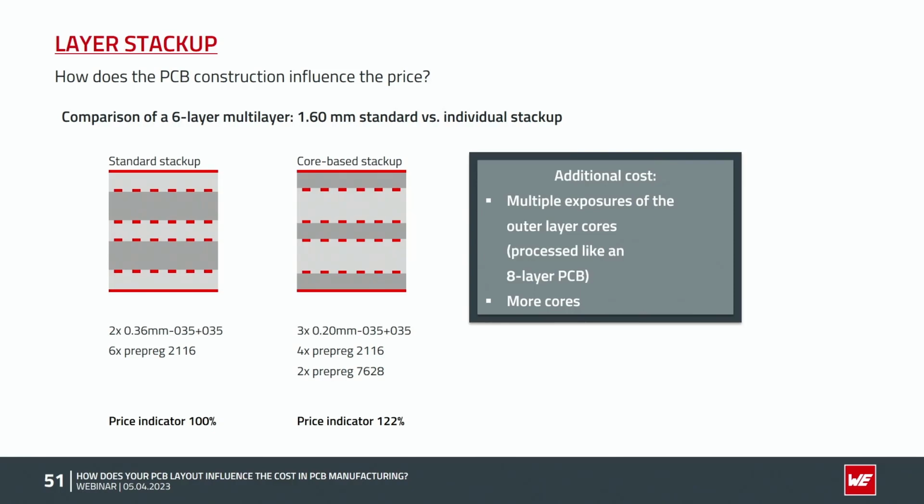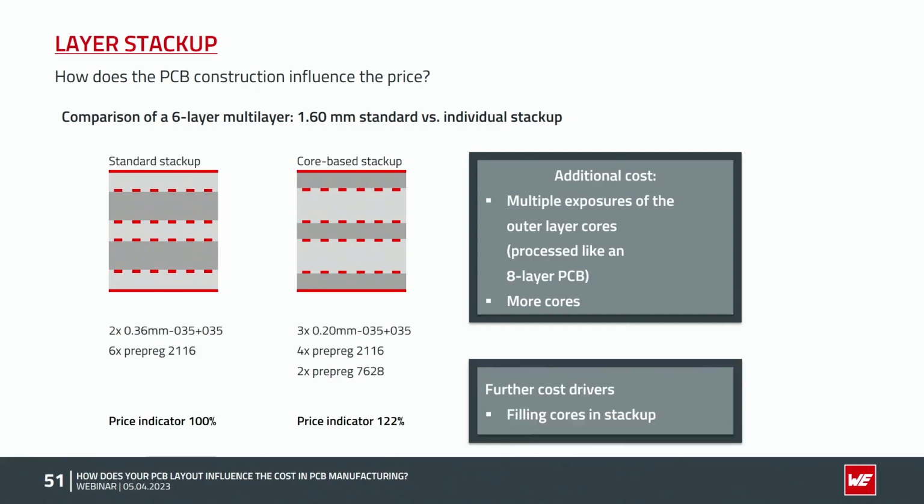So these are additional processes we have to perform. And it's comparable to an 8-layer PCB finally. And maybe for special stack ups, we need filling cores without copper on it to meet the thickness requirements, if we have very thin cores and need a final thickness of 2.4 or 3.2 millimeters finally.